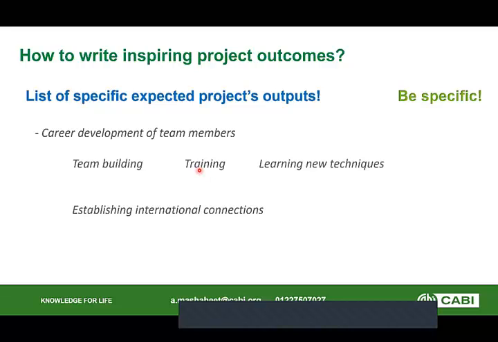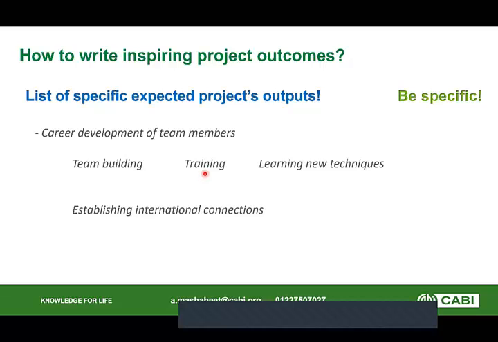So we should include both. I believe we should include a training component in which the team members are trainees, a training that they receive to develop new skills and master new techniques and so on.